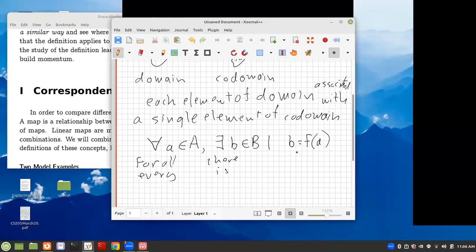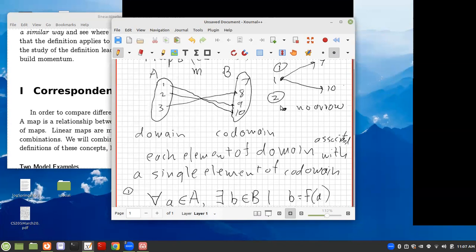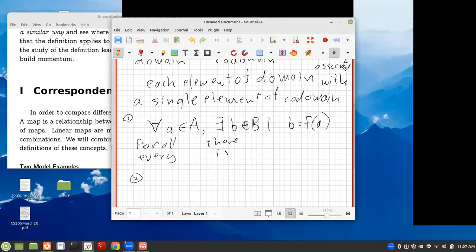So this says that for every element of the domain, there has to be a b such that b is the target of F of a. This property rules out there being no arrow. This is the no missing arrows property.